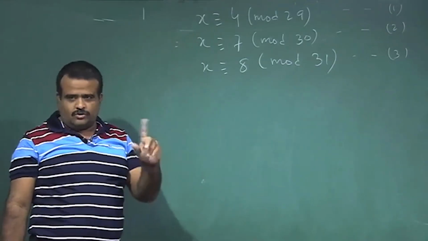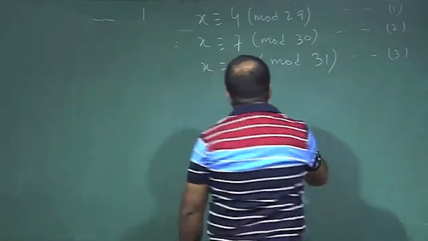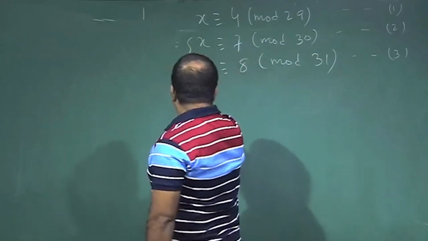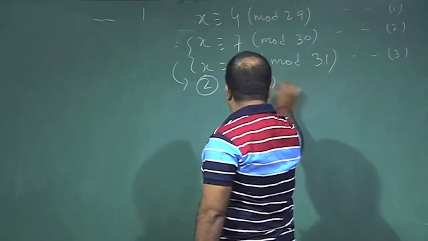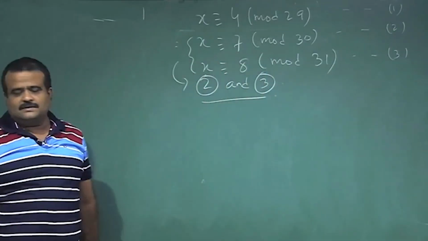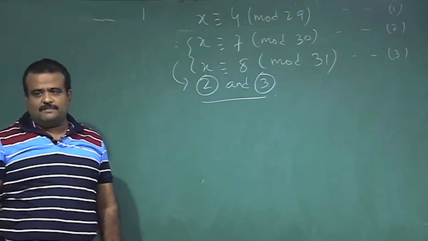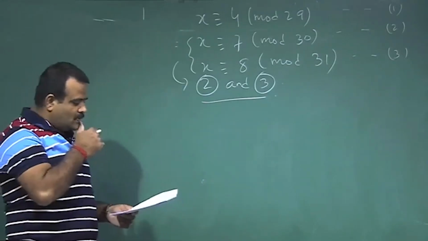This is also 2 equations. So we first take equation 2 and equation 3, and we apply that technique, x = a + tm, that form.